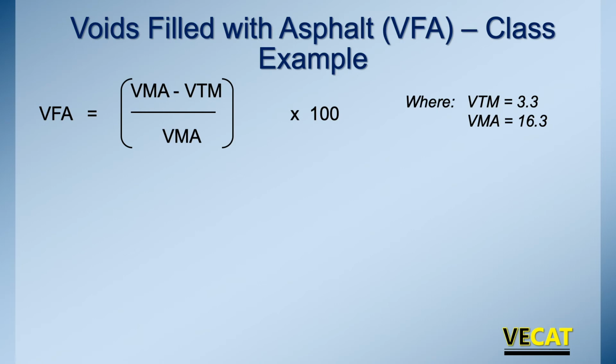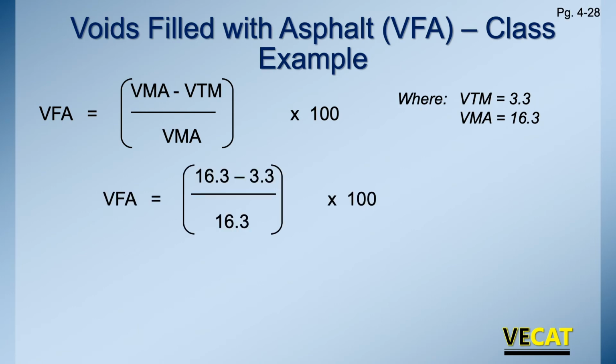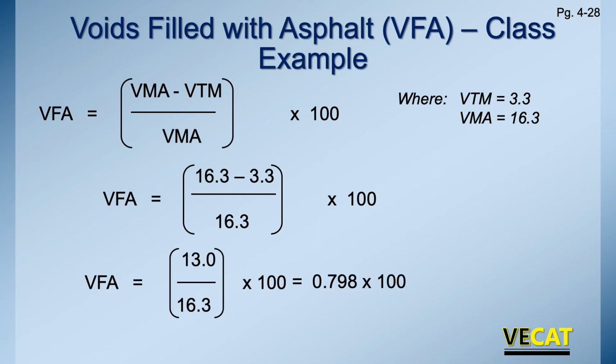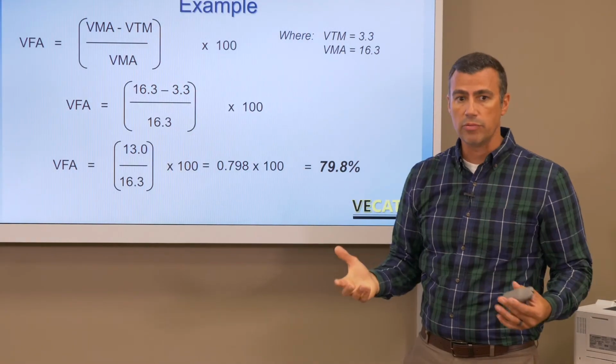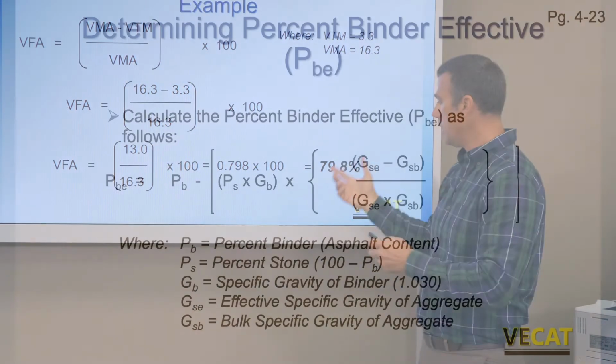We also calculated a VMA of 16.3%. So by plugging those numbers in, 16.3 minus the 3.3 divided by the 16.3, and we arrive at a VFA of 79.8%. So almost 80% of our VMA gets filled up with asphalt, is essentially what this is saying.